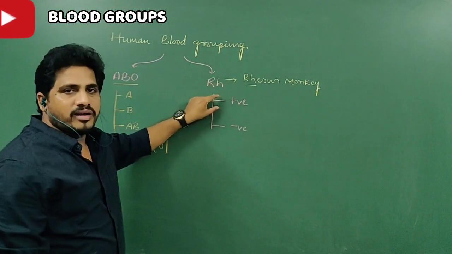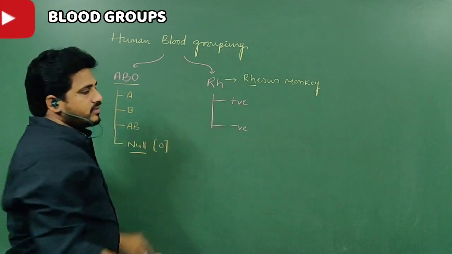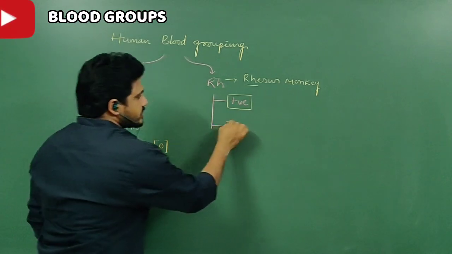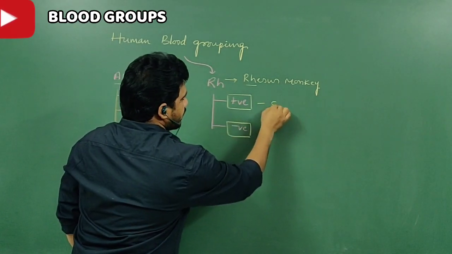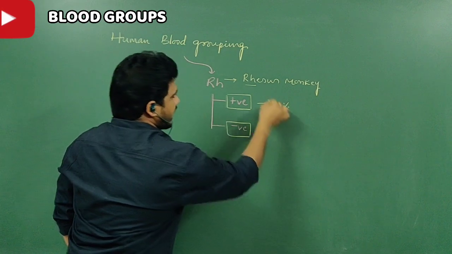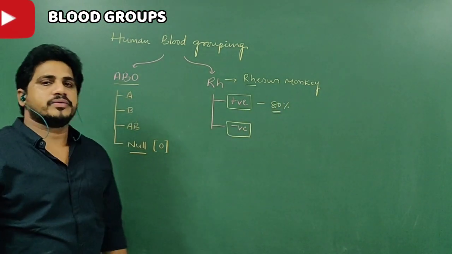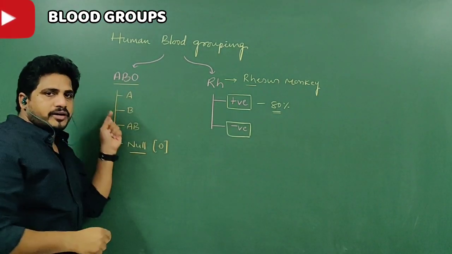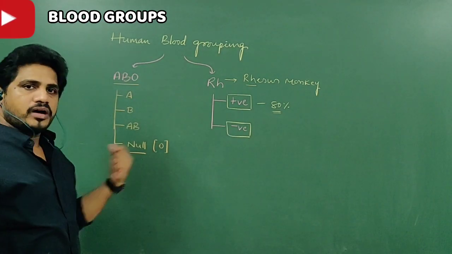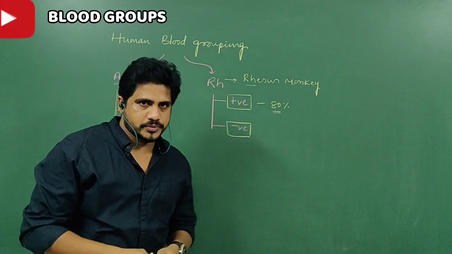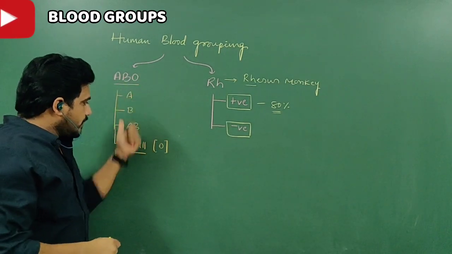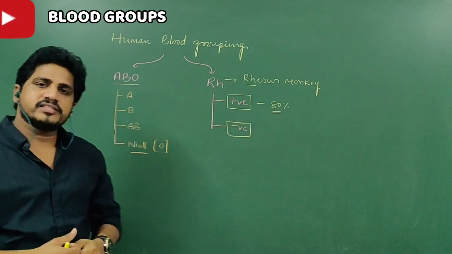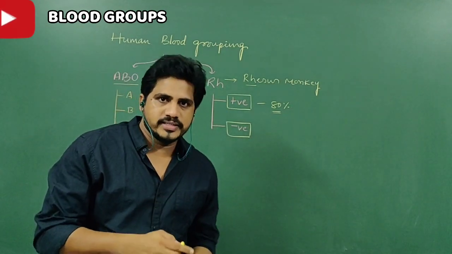If that factor or antigen is present in our body, then that is called positive. If it is not, then it is negative. 80% of humans have this antigen. That's why the maximum of humans are positive in group. Maybe A positive or B positive, AB positive or O positive, nothing but zero positive. That means here the ABO antigen is absent, but the RH antigen is present. So many details you will come to know one by one in this session.